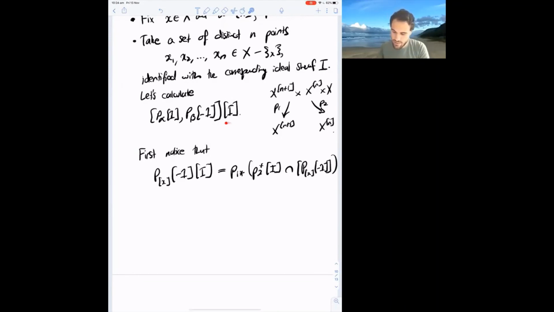I is a set of n points. If I pull back up here, I get P2 star of I. Let me write it as sets.